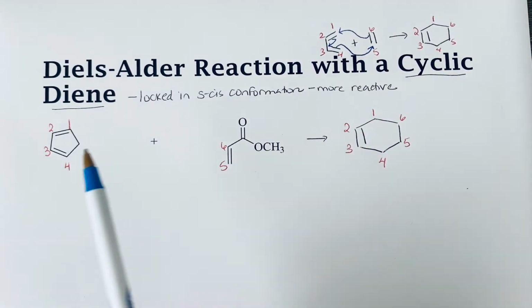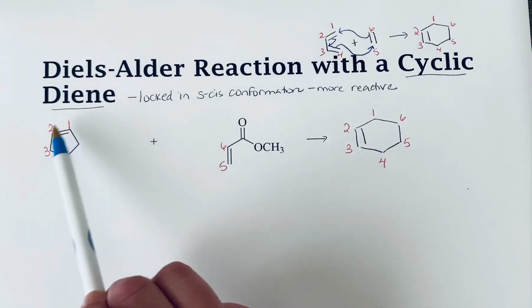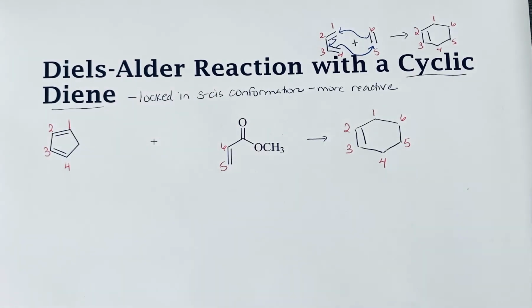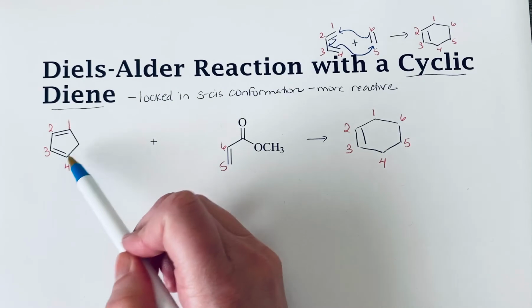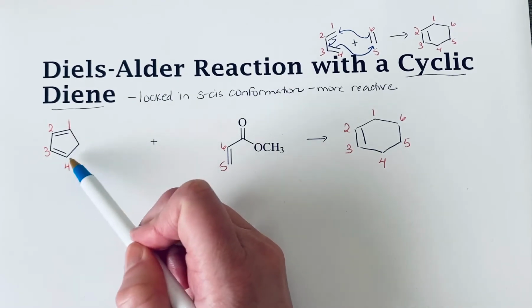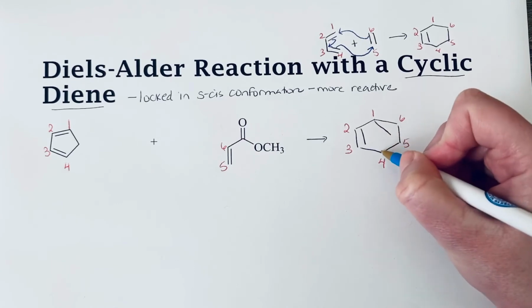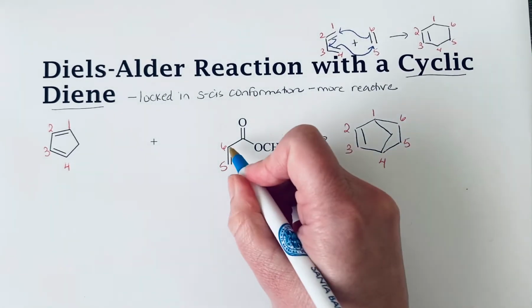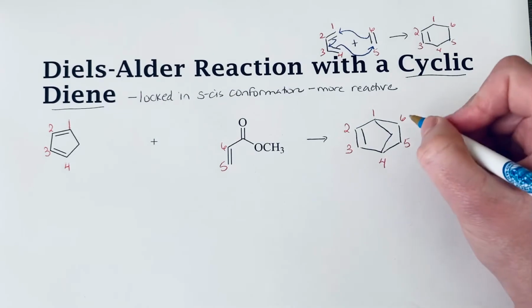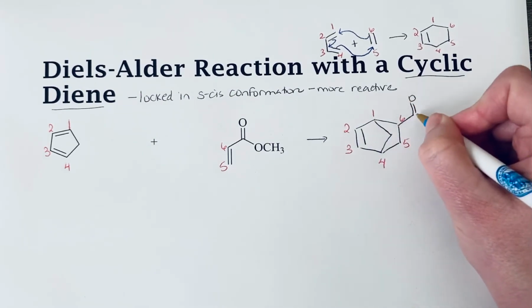And finally, any substituents that were attached to these 6 carbon atoms need to still be attached in the product. So for the diene, we've got a 1 carbon bridge between 1 and 4, so we're going to draw in that 1 carbon atom bridge. And then on carbon 6, we've got this methyl ester, so we're going to draw that in.